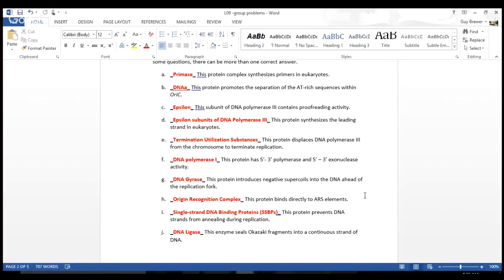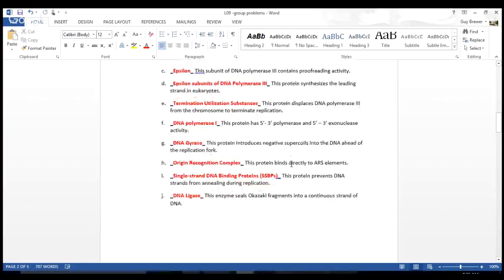Termination utilization substance, Tus. This protein displaces DNA polymerase 3 from the chromosome to terminate replication. And DNA polymerase 1, this protein has 5' to 3' polymerase and 5' to 3' exonuclease activity. DNA gyrase, this protein introduces negative supercoiling into the DNA and other replication forms.